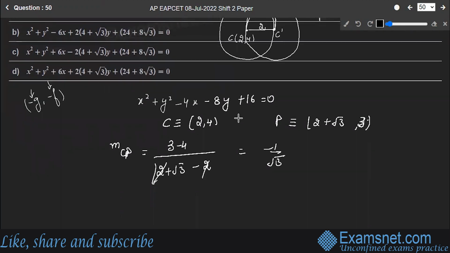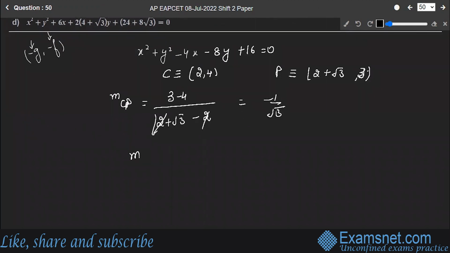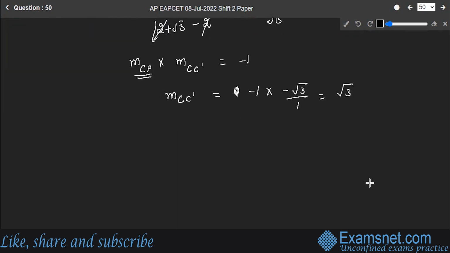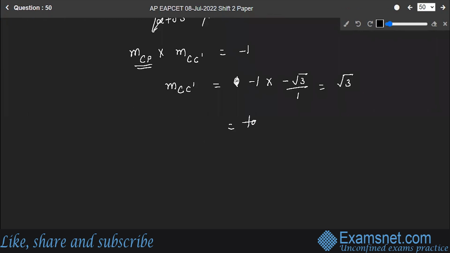This is the slope of CP. CP and CC dash are perpendicular to each other. Therefore, the slope of CP multiplied by the slope of CC dash is equal to minus 1. Since this was equal to minus 1 by root 3, the slope of CC dash will be equal to root 3, which is actually tan 60.